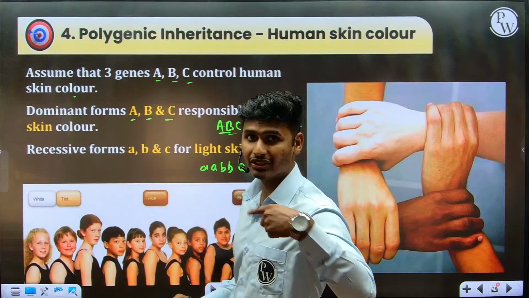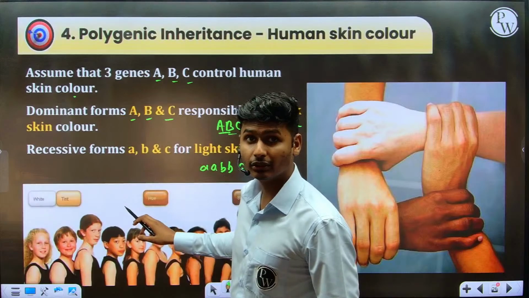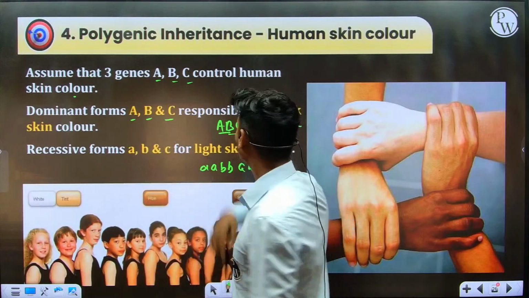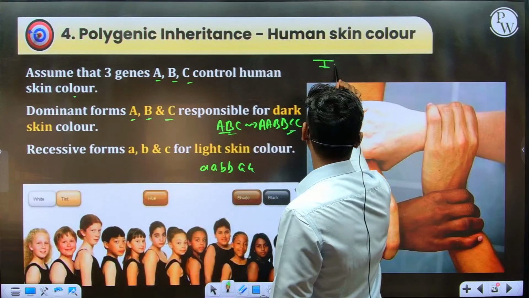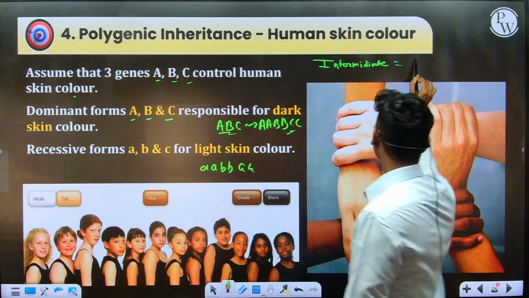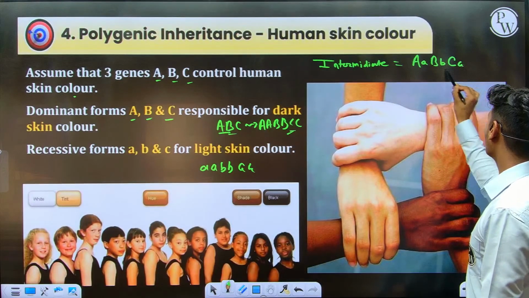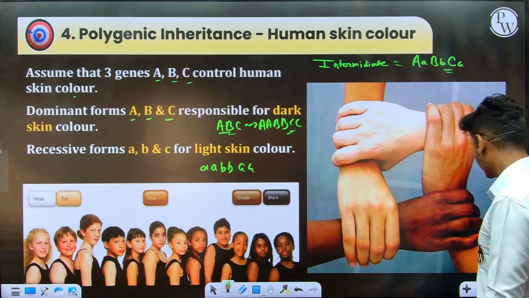Now our color is intermediate, not very dark, not very light, not very fair, not black. So for intermediate it is capital A small a, capital B small b, capital C small c. I have one question for you.